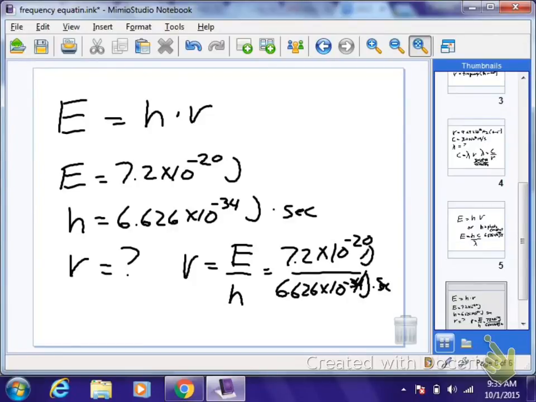Out of that, we'll get 1 over seconds as our units. So I think when we plug it in, we come up with an answer of 1.1 times 10 to the 14th hertz. Okay, and that's how you would do that.